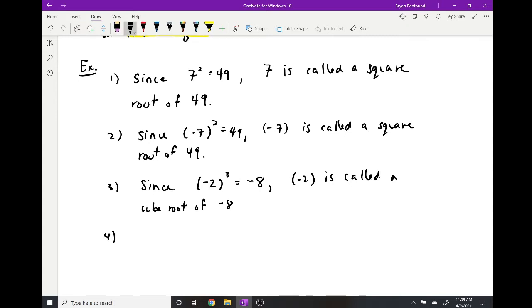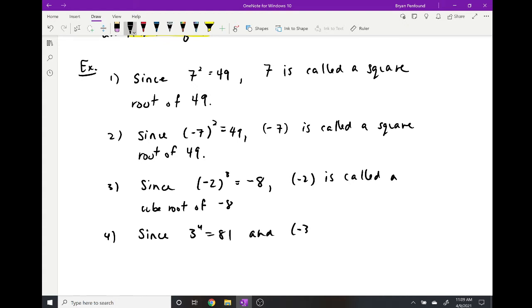Maybe one last example here with a fourth root. Let's go 3 to the power of 4. We know that 3 times 3 is 9, and if we do that a couple times, we end up with 9 times 9, which is 81. So we have 3 to the 4 is equal to 81.